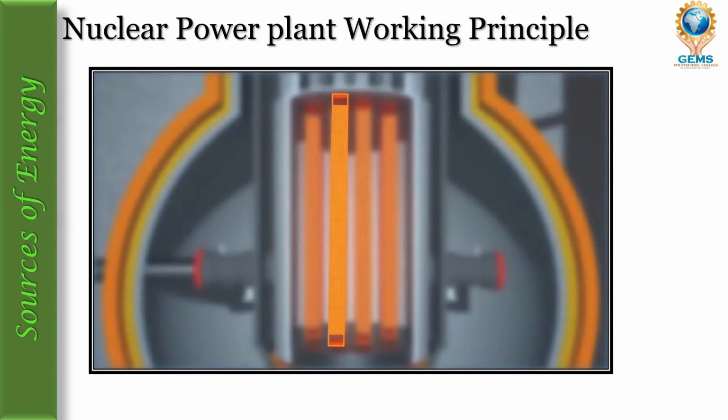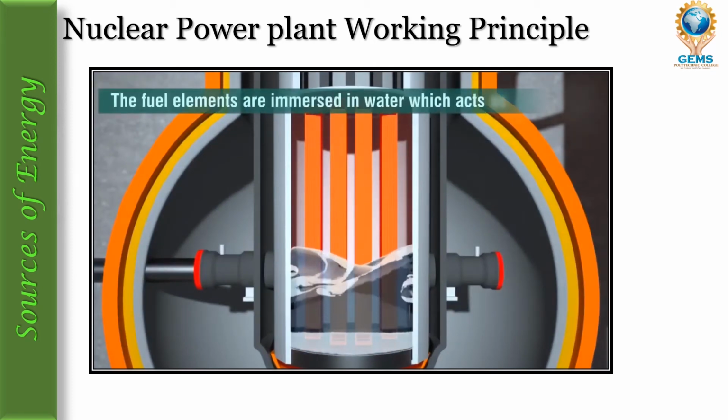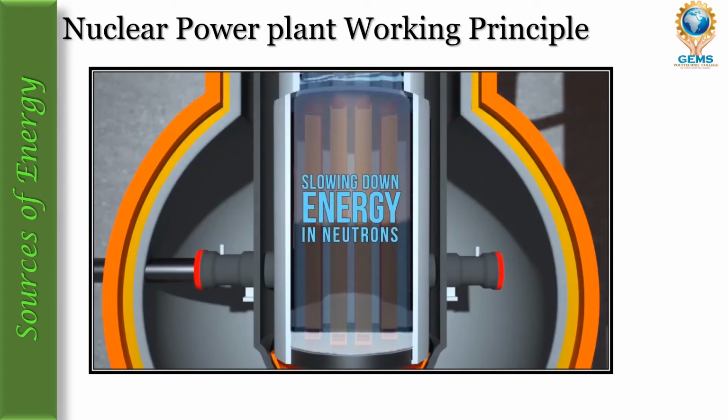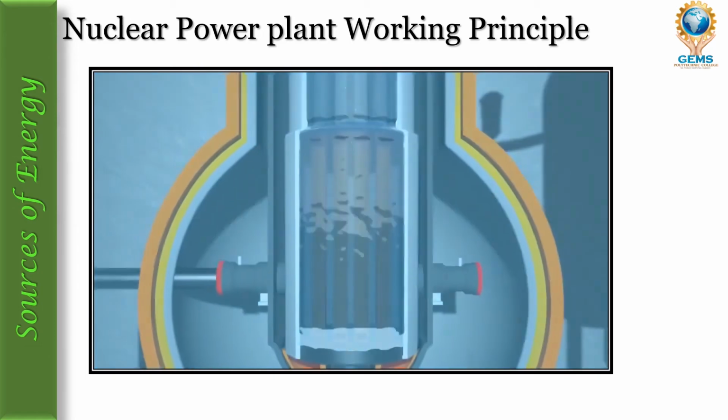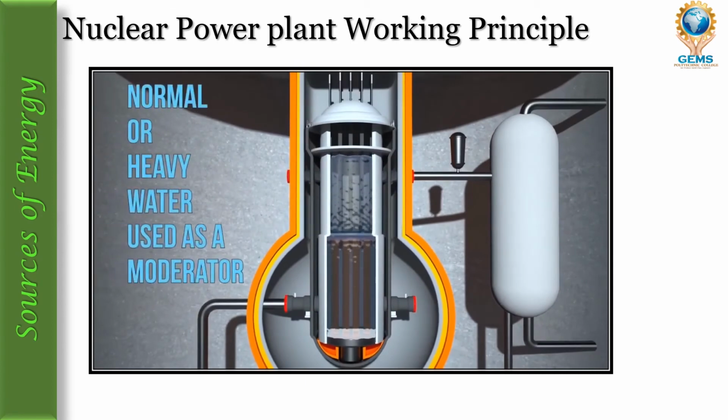The fuel elements are placed inside the reactor core and immersed in water, which acts as a moderator. The moderator is essential in slowing down the energy of neutrons produced during the fission process by the fuel elements. Normal or heavy water is generally used as a moderator.